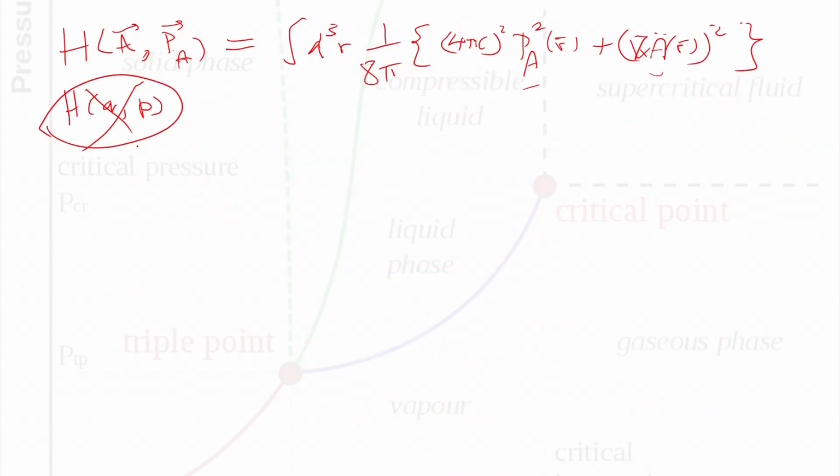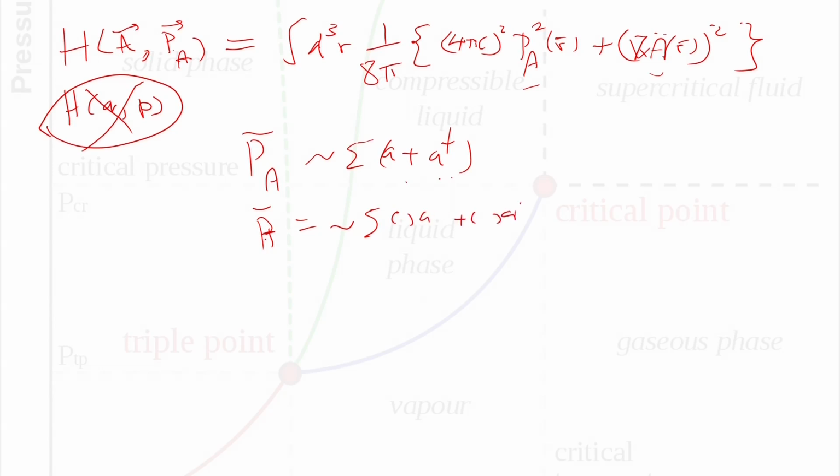Okay. So now the idea is that this P_A is expressible as some kind of a linear combination of all these creation and annihilation operators. And similarly, the position is also expressible as something else along those lines. So the idea is to find all this.